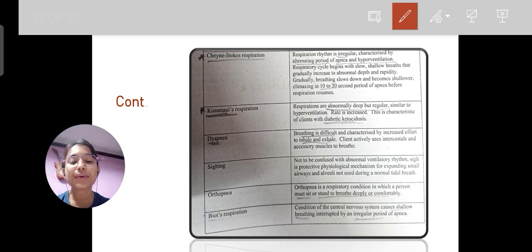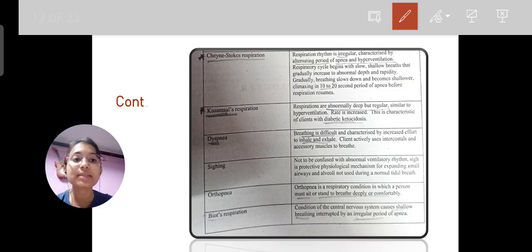Okay, so what happens in this: there is a slow shallow respiration, then gradually the slow shallow respiration increases into hyperpnea, again there is apnea, and again the slow shallow respiration, again hyperpnea.